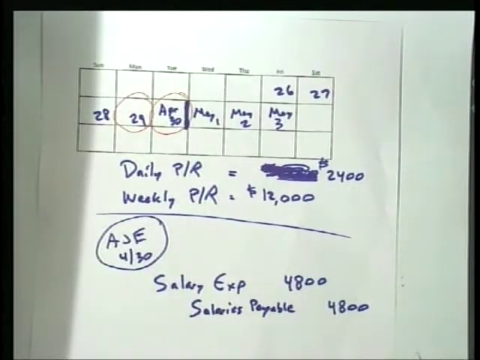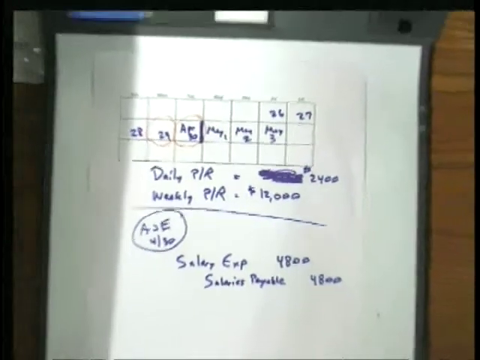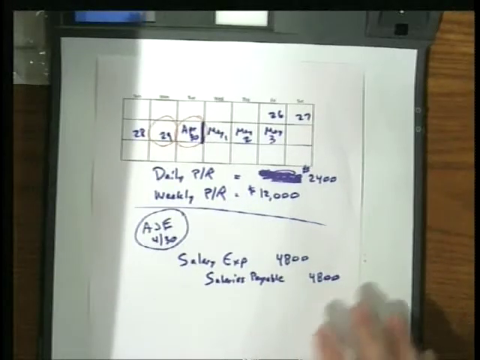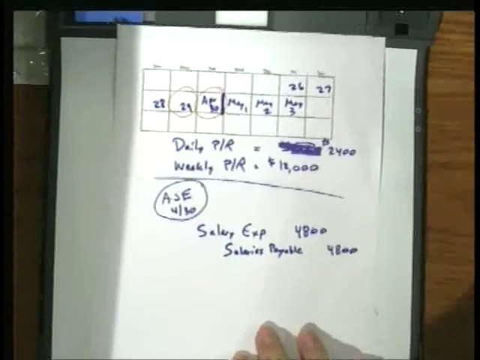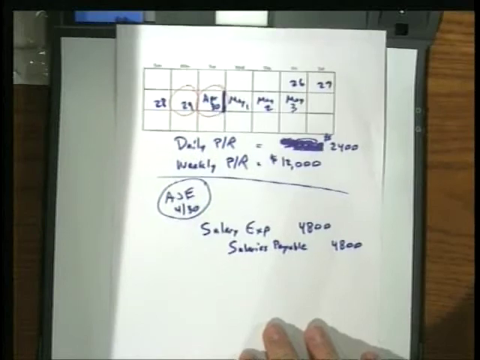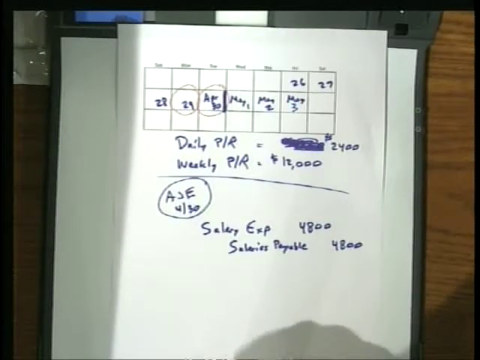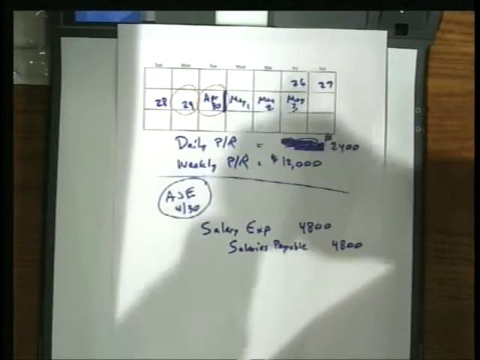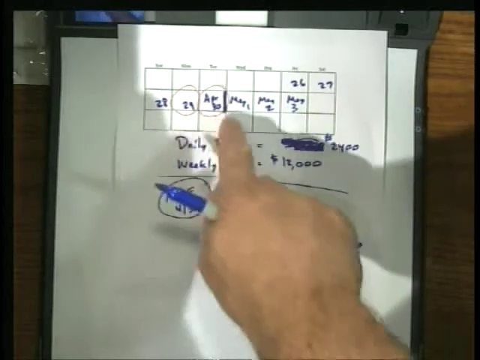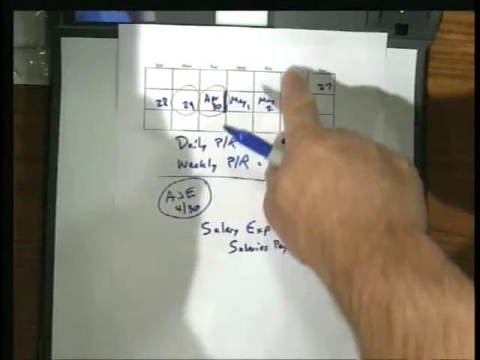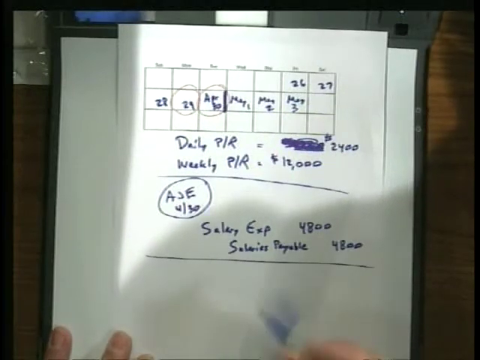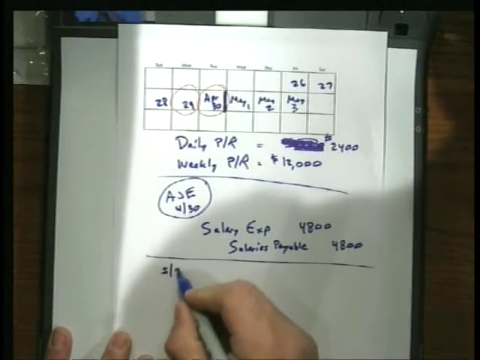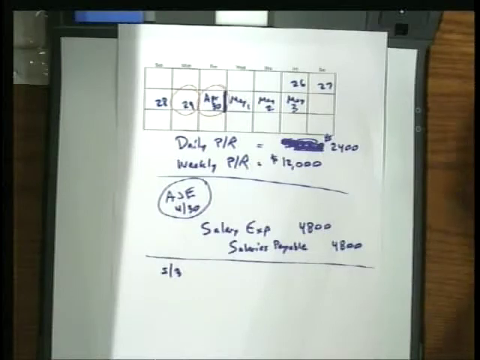Okay? Now it also wants us to make the subsequent journal entry when the cash actually gets paid, doesn't it? You see that? When are these folks going to get paid? Friday, May 3rd. Okay? So, now this May 3rd entry is not an AJE.